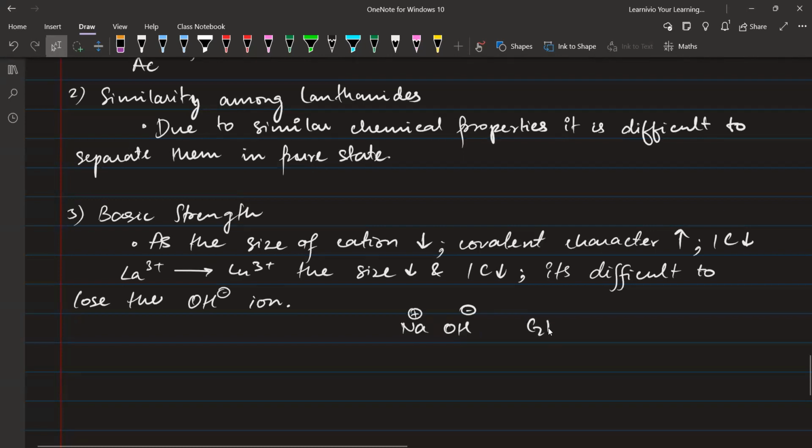But if I talk about C2H5OH, that alcohol, we have covalent bonding, and this OH is not going to act as OH negative. So the more ionic character, the more easily you get OH negative, because in ionic character, OH will be present as OH negative. But if there is more covalent character, OH will not be present as OH negative. It will be difficult to lose the OH negative ions.